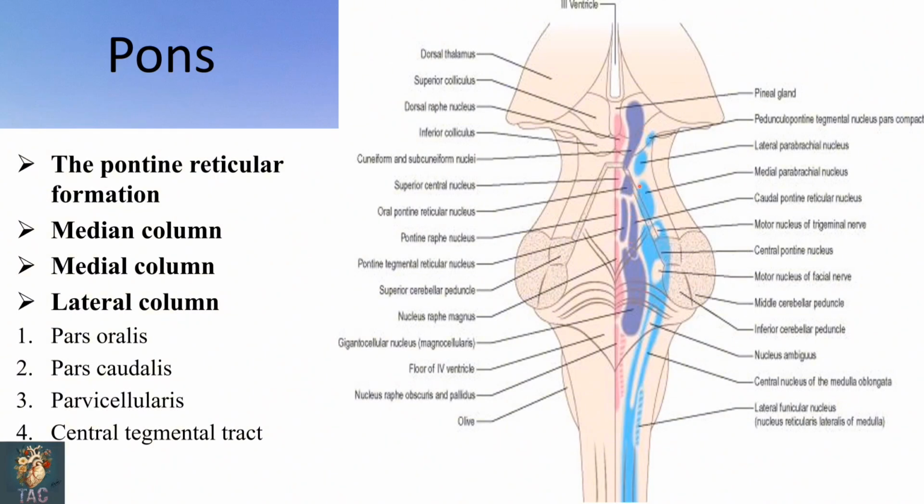And this one is the group present at the level of the nucleus cuneiformis, which is present in the midbrain, and this one is the lateral group, the medial and the lateral parabrachial group which are present over here. So these are the different nuclei which are present in the brainstem and which are part of the reticular formation.